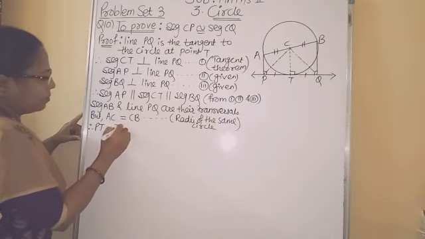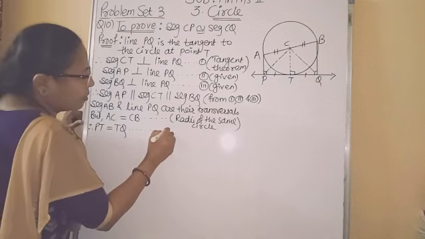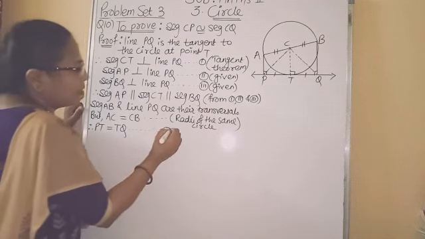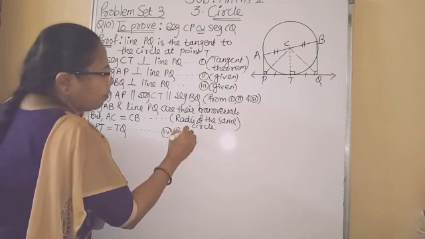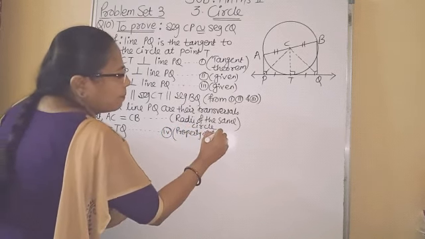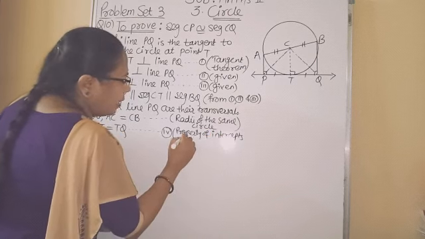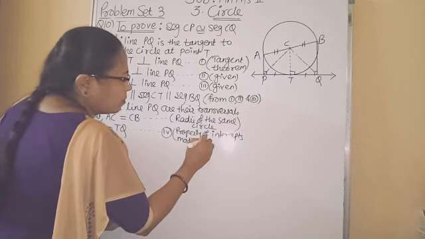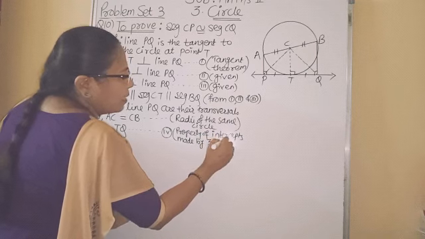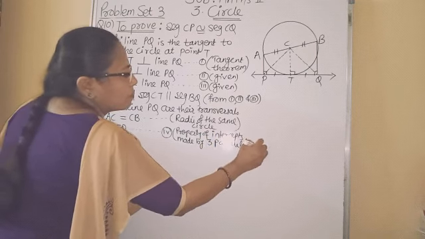Give your next statement number 4. And reason, property of intercepts made by three parallel lines.